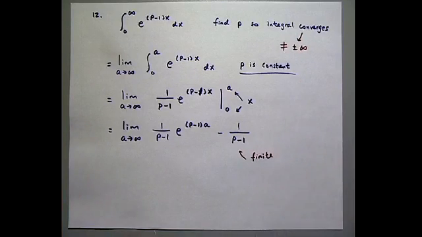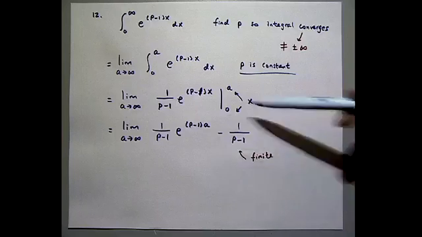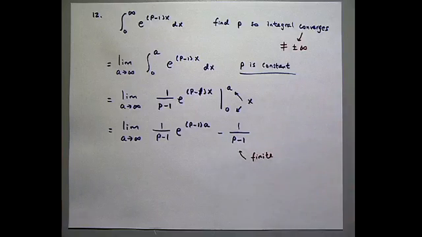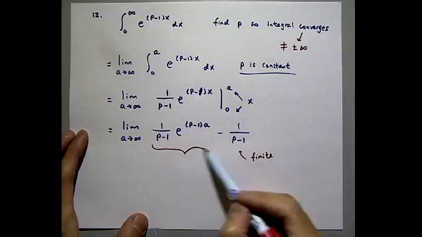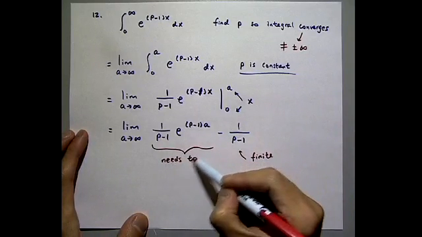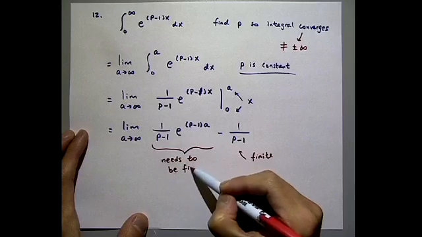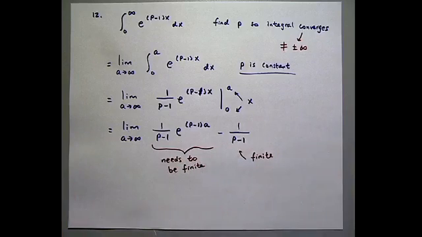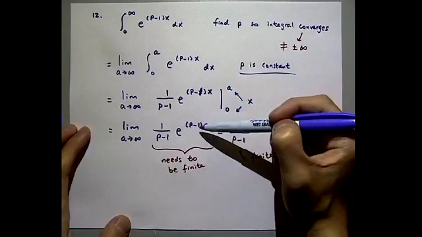Now the second part is, of course, finite, so we don't have to worry about that. We just have to worry about this. So now we have to examine, we can't control a anymore. A is going to infinity. The only thing we can control is p.